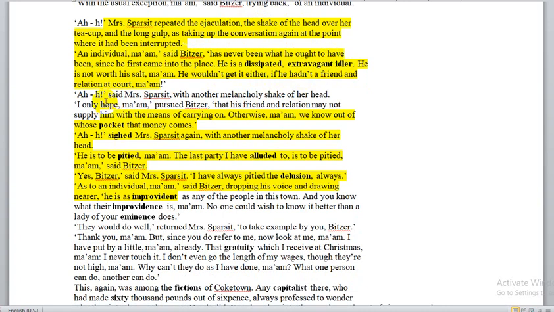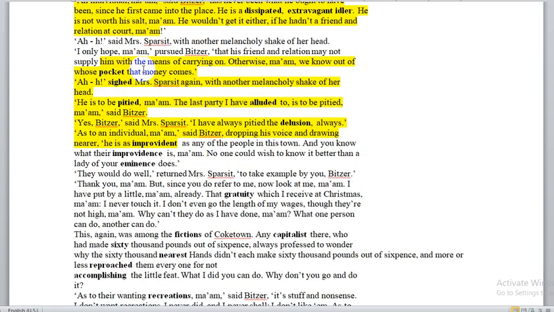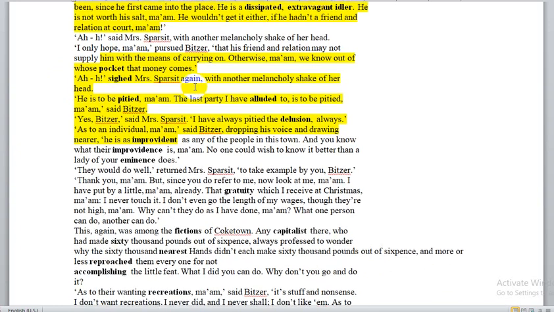He is not worth his salt, he doesn't even deserve the salt he eats. "He wouldn't get it either if he had not a friend and relation at court." So he is not a good person according to Bitzer.